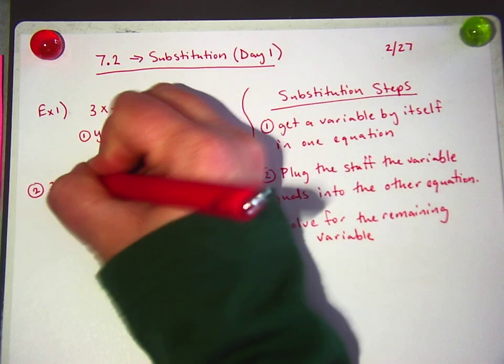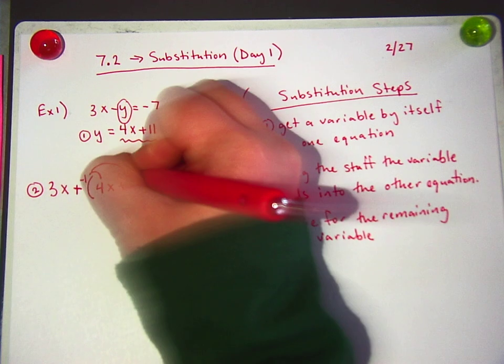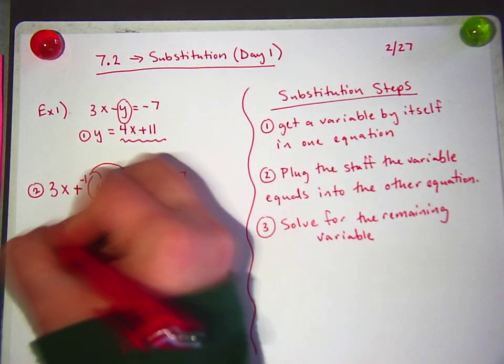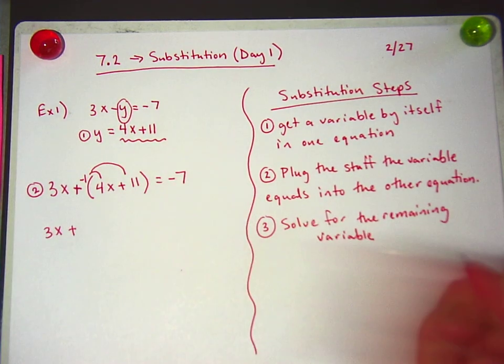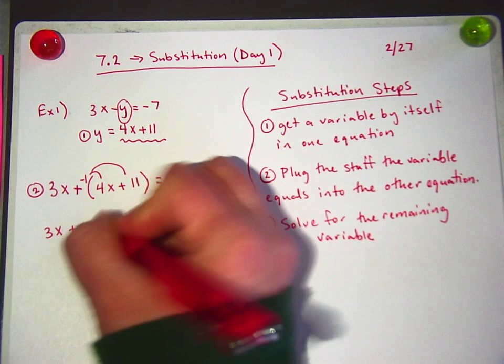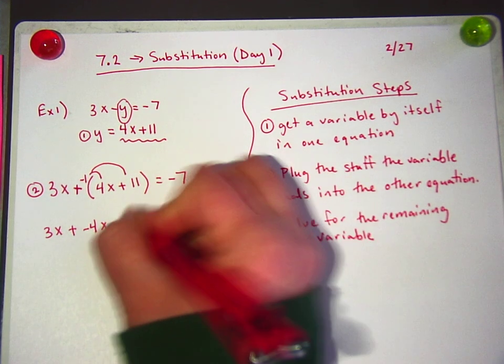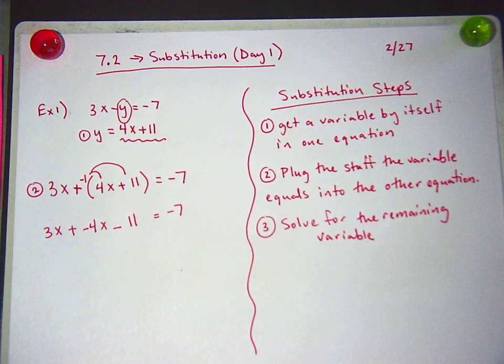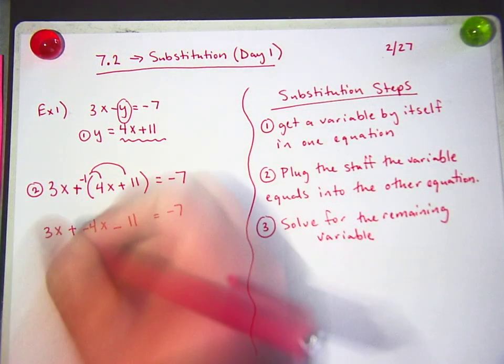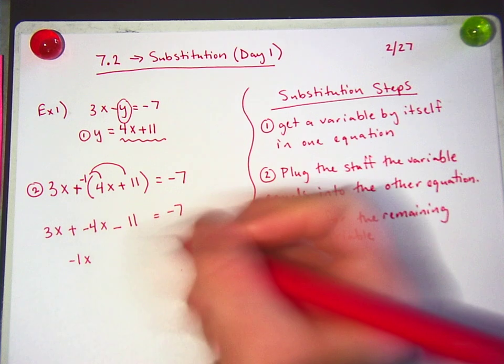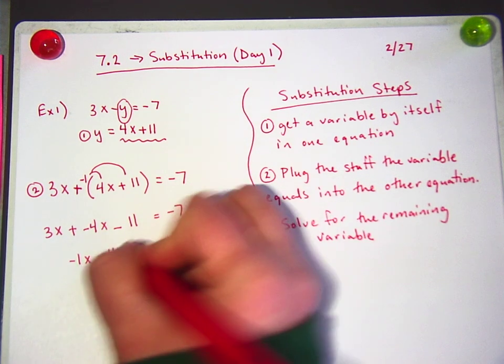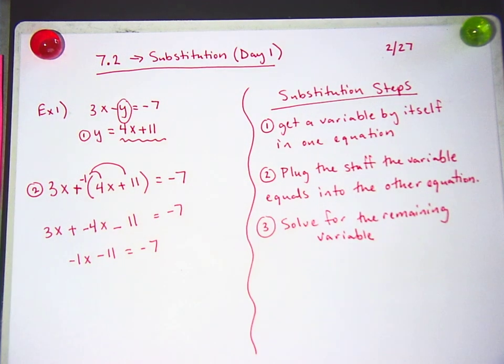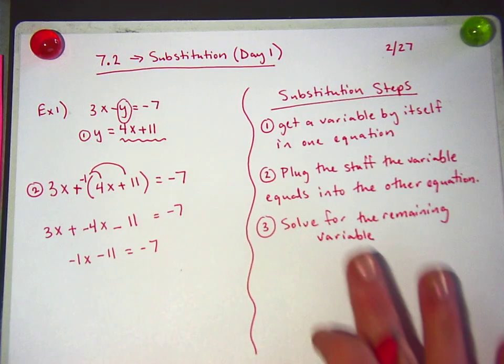So like you said, I'm going to distribute a -1 to both of these. So that's 3x plus a -4x minus 11 equals -7. 3x minus 4x is -1x. Now what?